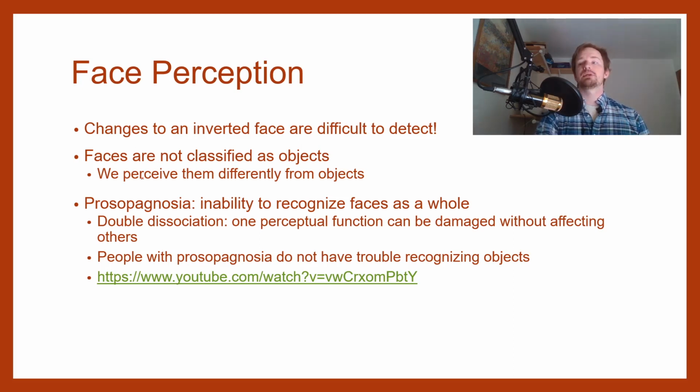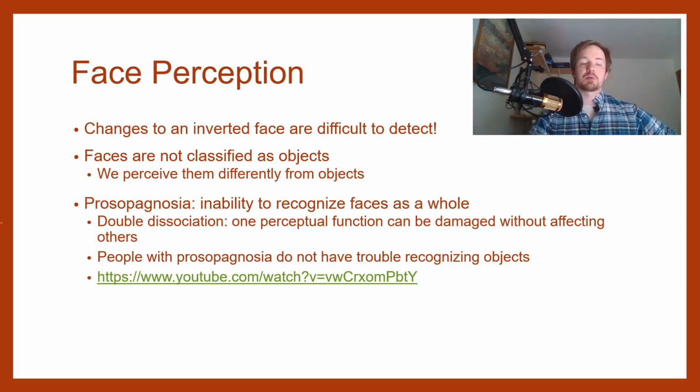One example of this that we know: I just showed you some behavioral evidence, but some neurological evidence is prosopagnosia, which is an inability to recognize people's faces. You can have damage in part of your brain and be unable to recognize people's faces, but have no difficulty whatsoever in recognizing specific objects.